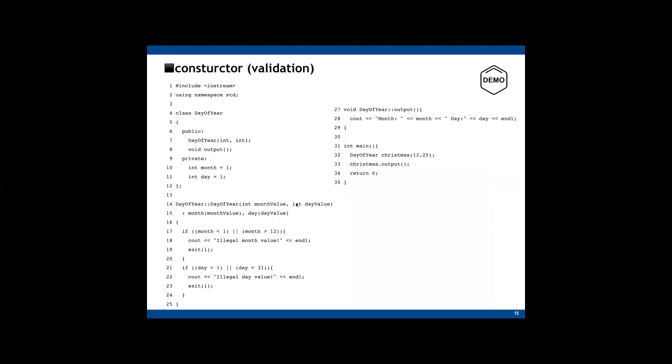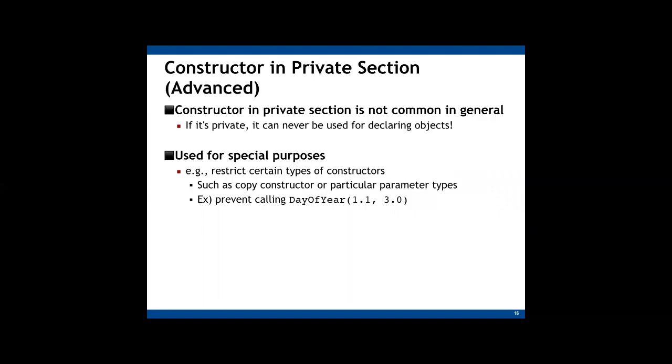So this is the demo code we just saw. We can also place the constructor in a private section. This is not common, because if the constructor is private, it cannot be called from outside the class. This means that you cannot create an object using a private constructor. But sometimes this may be useful.